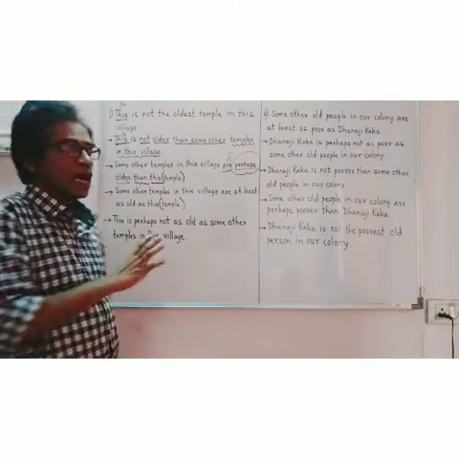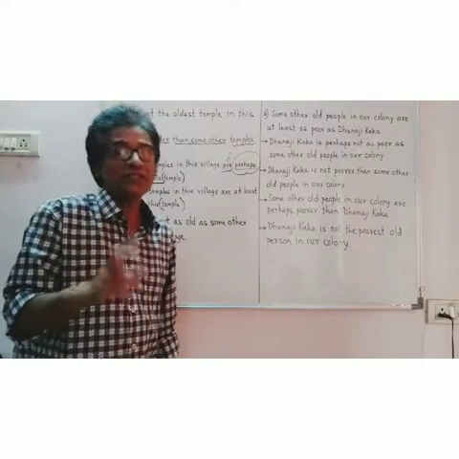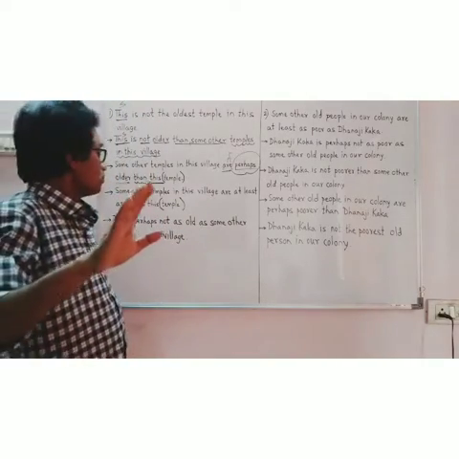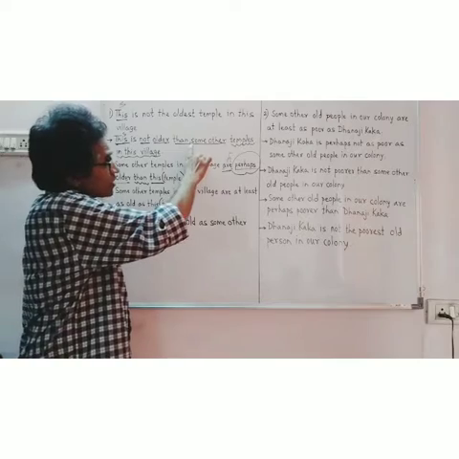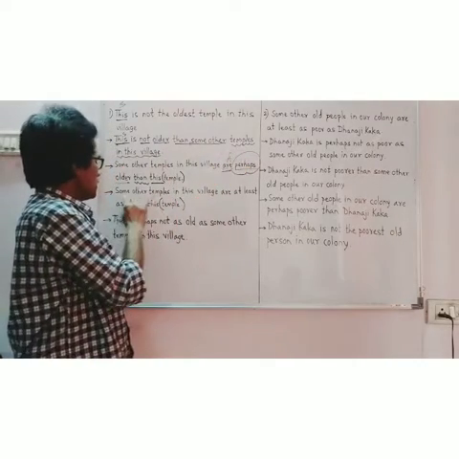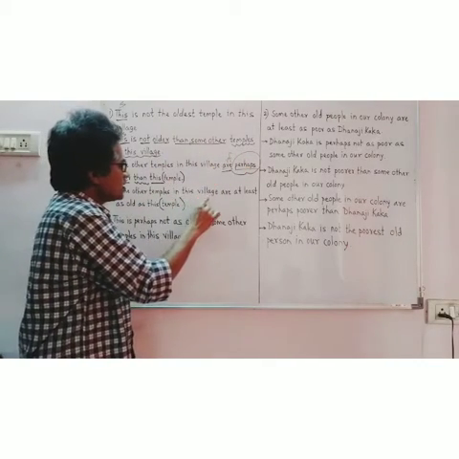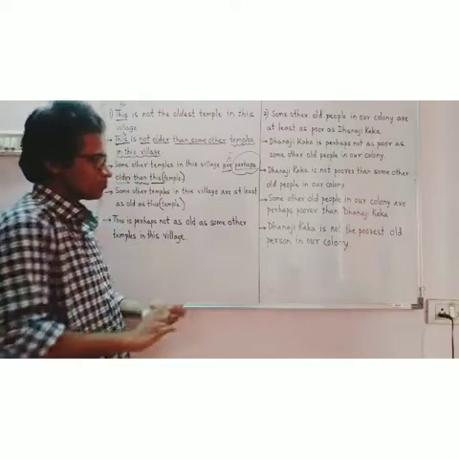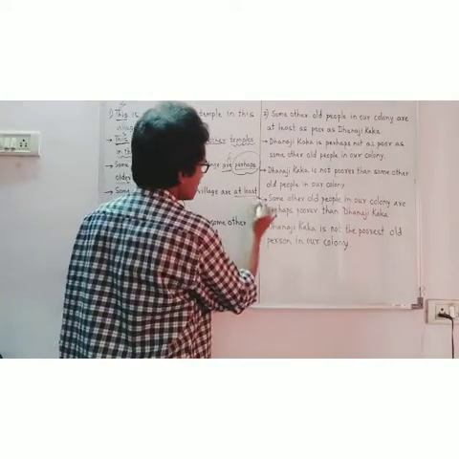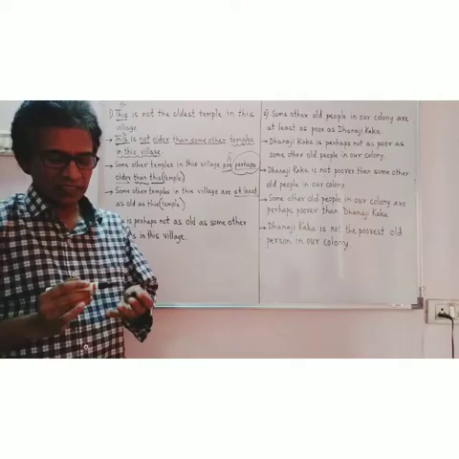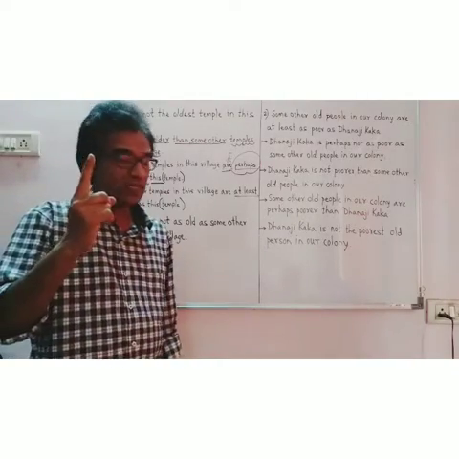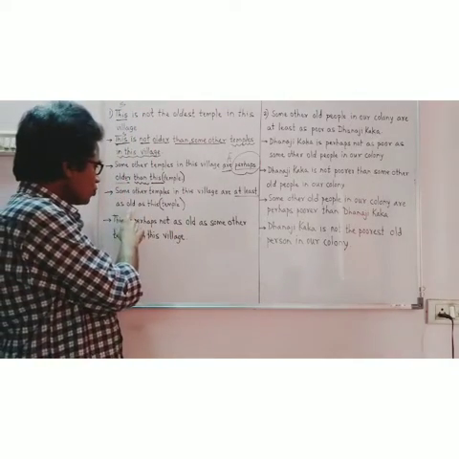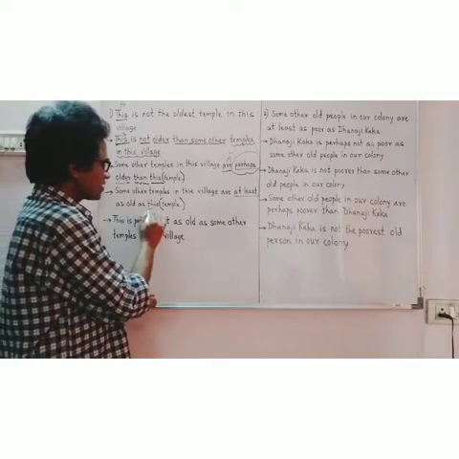The following are two positive structures. Now first begin with the object, some other temples in this village. Some other temples in this village are, remember this, at least, it shows positive, at least as old as this.